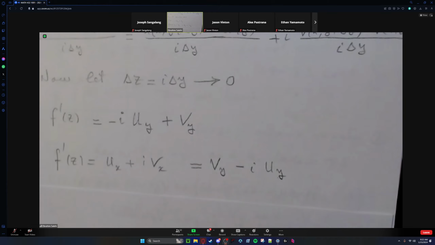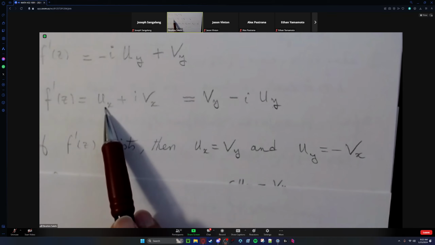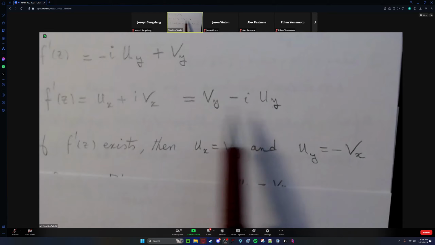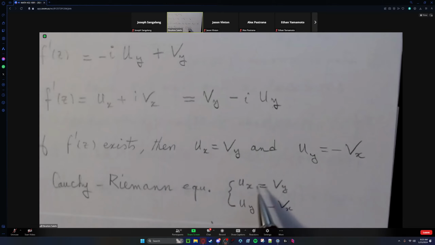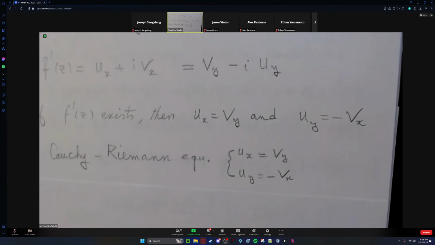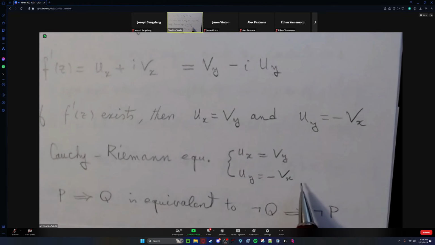And that gives us two equations. If the derivative exists, then u sub x is equal to v sub y, and u sub y will be negative v sub x. These are called the Cauchy-Riemann equations. So if the derivative exists, we are going to have the Cauchy-Riemann equations.